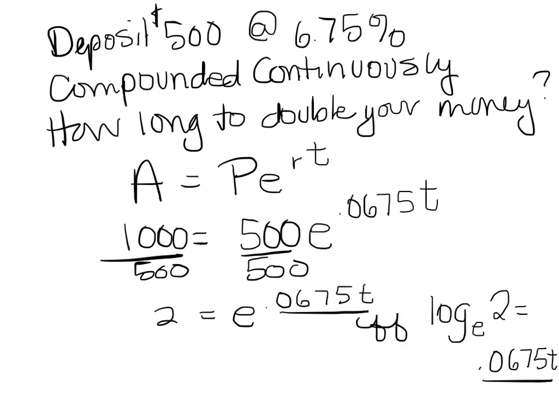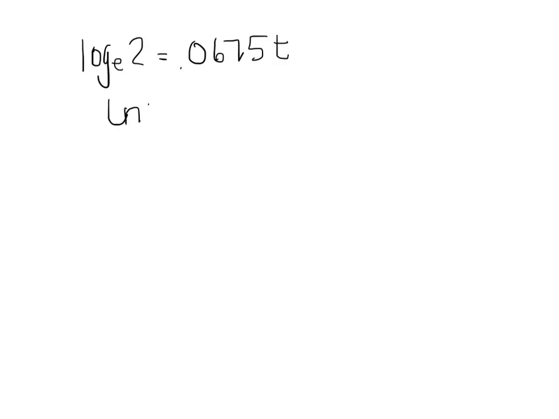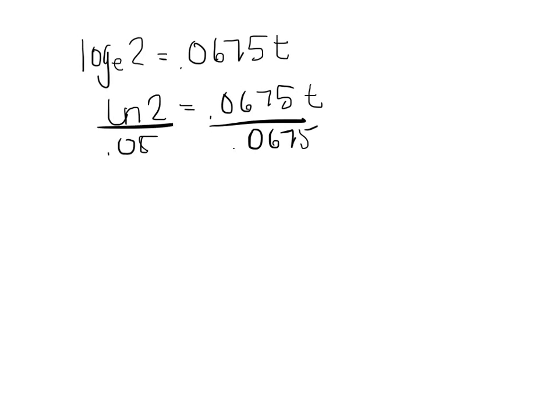So now I just have to solve this. Of course, this is ln 2 is equal to 0.0675 t. I just need to divide both sides by the 0.0675. So ln of 2 divided by 0.0675 is equal to t.